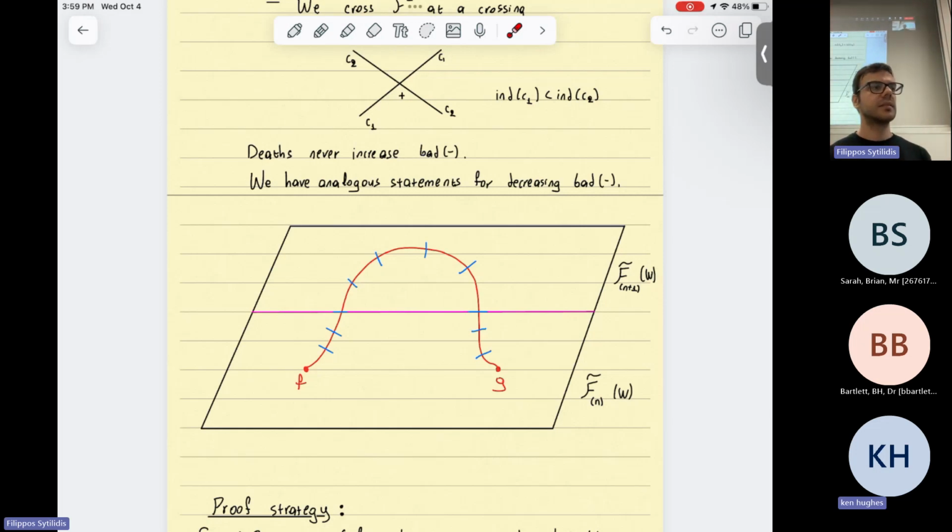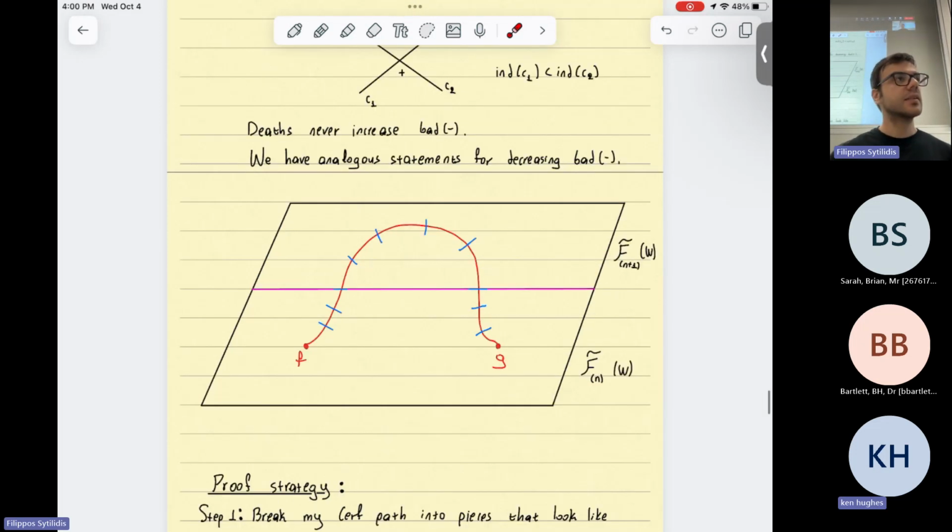What is the pink line? That's the stratification between the badnesses. Okay, so the blue line and the pink line will coincide.